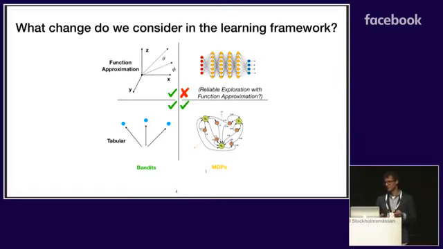The way in which people typically use bandits, I think, is by doing some sort of function approximation. And of course, people are trying to do that for Markov decision processes as well. Deep learning is something that is receiving a lot of attention, but unfortunately, it doesn't really come with guarantees yet. Here I am specifically talking about the problem of exploration. There is off-policy learning for which we have some results.